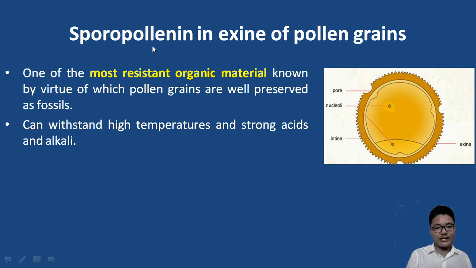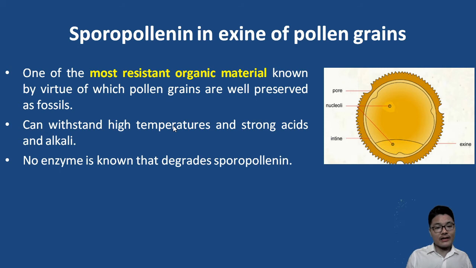Because of the sporopollenin in the exine, pollen grains are able to withstand high temperature, and there is no enzyme that can easily destroy the sporopollenin of the exine. So sporopollenin in the exine, the outer wall of the pollen grain, is the most resistant organic material, which can't be easily destroyed by strong acids, strong alkalis, and there is no enzyme that can break down sporopollenin.